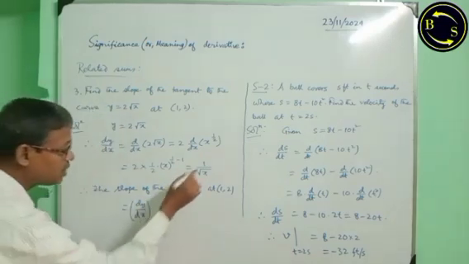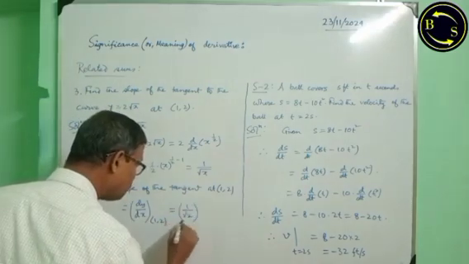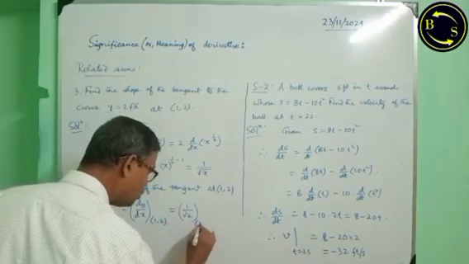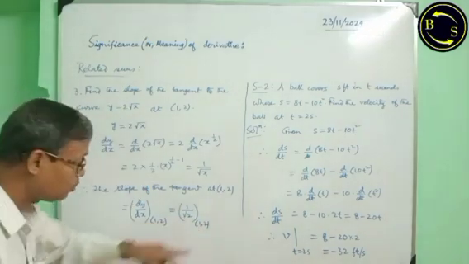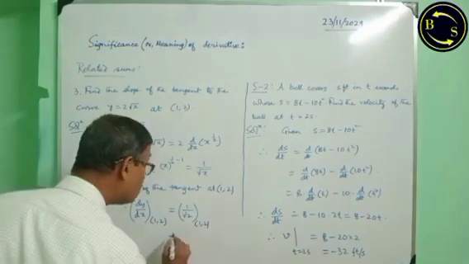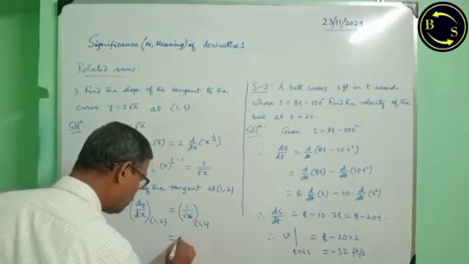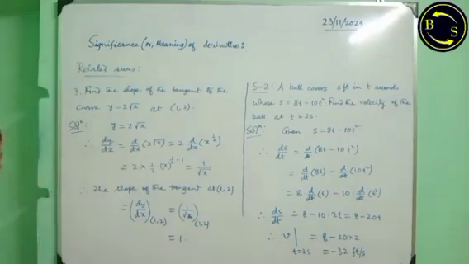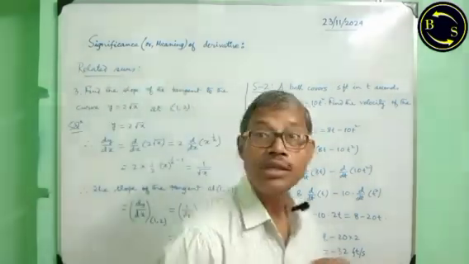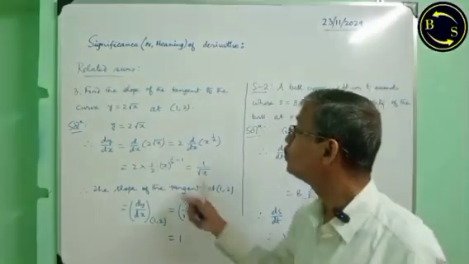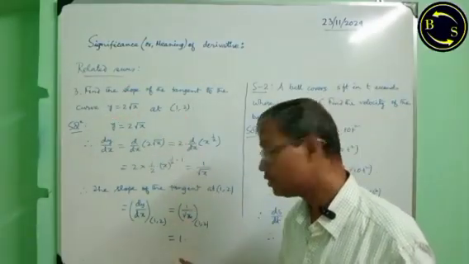Now dy/dx is this one, 1 by root x, at the point (1, 2), means here x equal to 1, y equal to 2. This is x, not 2. Therefore, it should be 1. Therefore, slope of the tangent to the curve y equal to 2 root x at the point (1, 2) is this one.